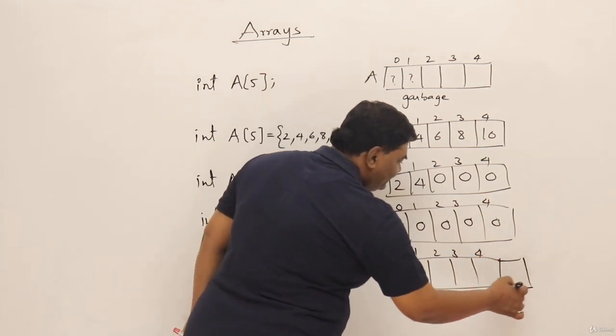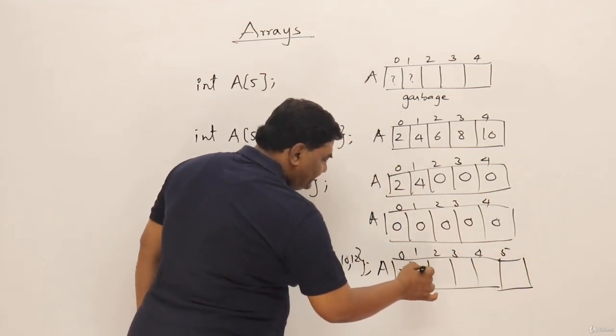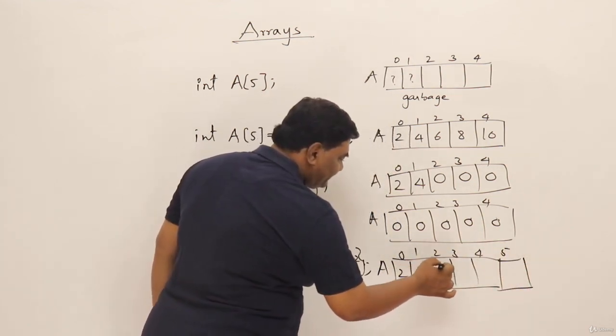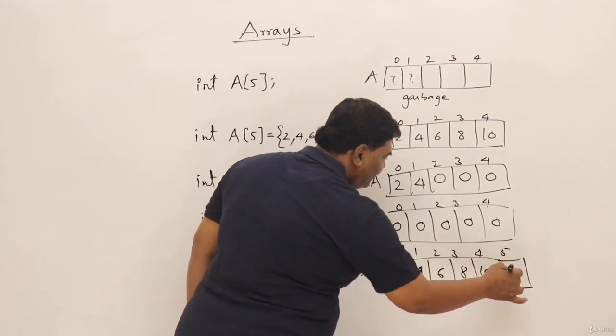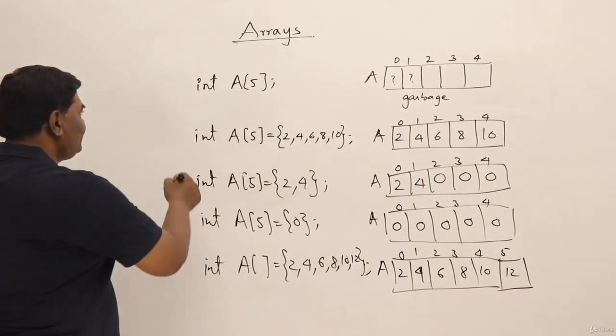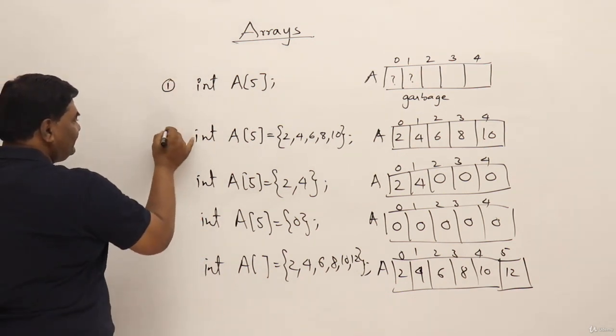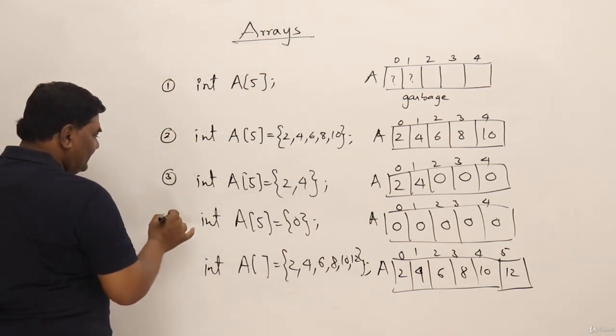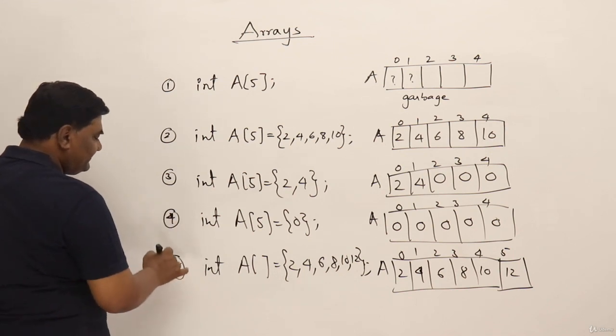So an array of size 6 will be created and this will be initialized with these elements. So these are the various ways of declaration and initialization of an array. This is there in both C as well as C++.